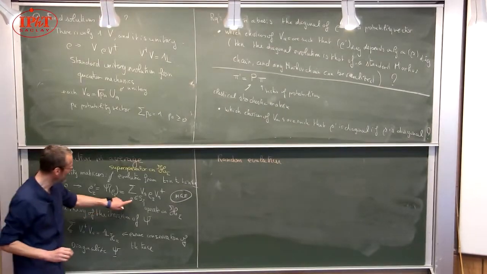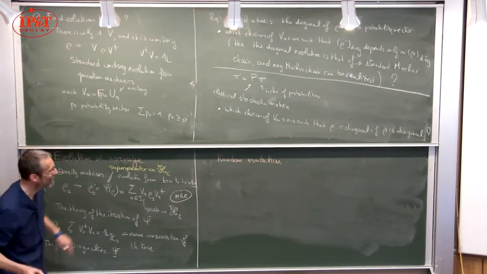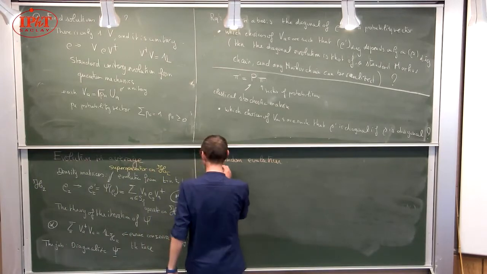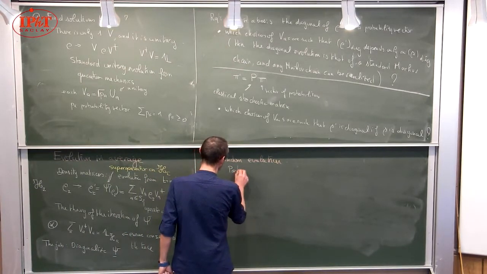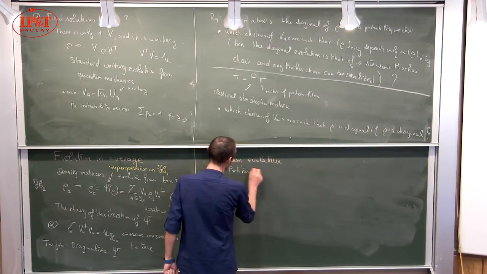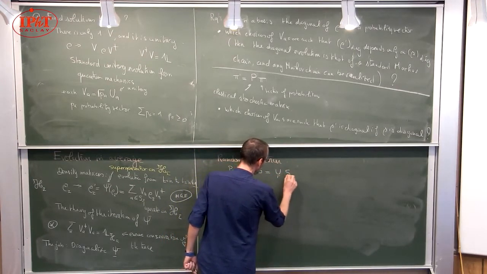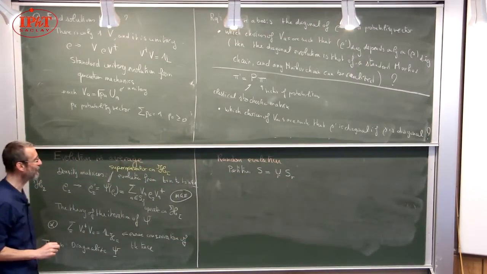We say that A belongs to a certain set, which is finite for me, which is S. And to do the random evolution, you have to add more information. First of all, you have to partition S.